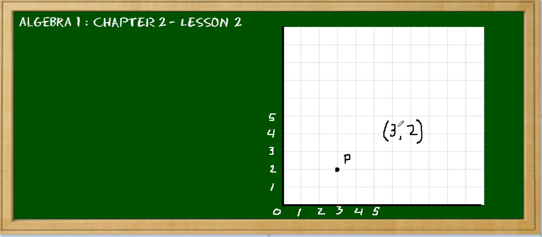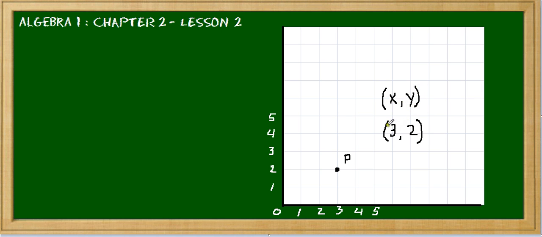So it's parentheses, a value, comma, another value. And you'll note that the x is always given first because we always move in the direction of the x-axis first. So we always go horizontal, then we go vertical. So if I were to write this, it would look something like this. If these are the x and y, the x value goes here and the y value goes there.